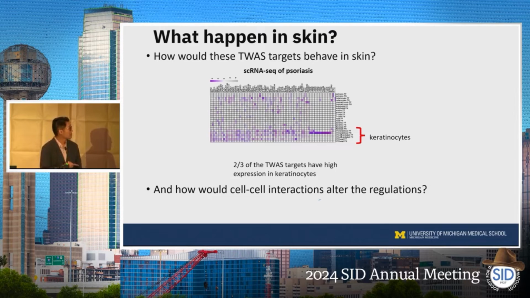You can see that the majority of those TWAS target genes still have high expression in keratinocytes. This is what we expect. I think that's just a check using independent data, so that's good. So how could potential cell-cell interactions play roles in modulating these TWAS target gene expressions?